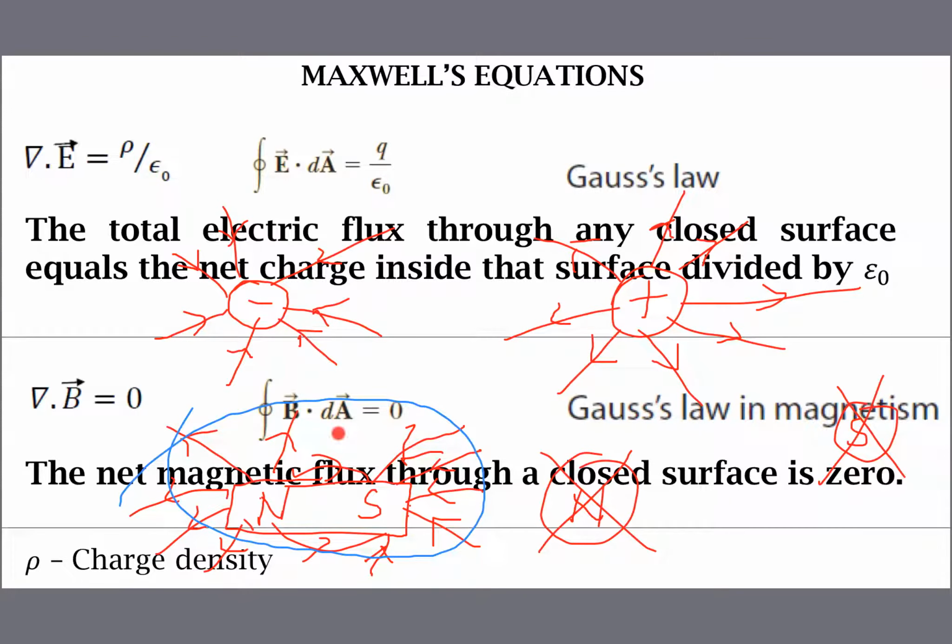And similarly, the closed integral of the magnetic field vector dot differential of the area vector is equal to 0.